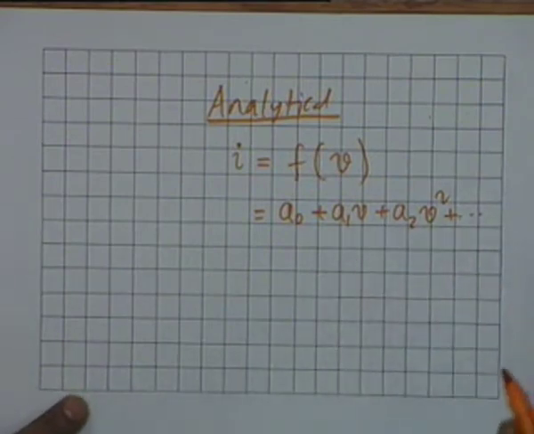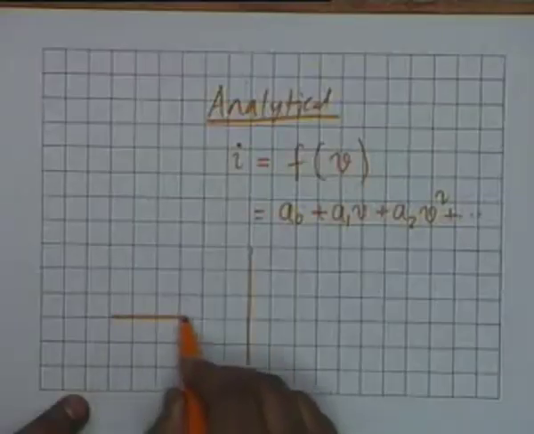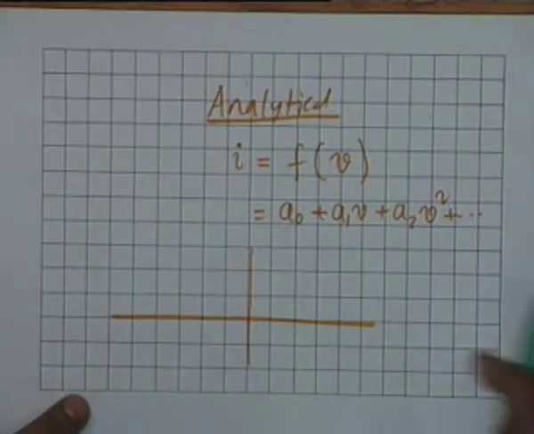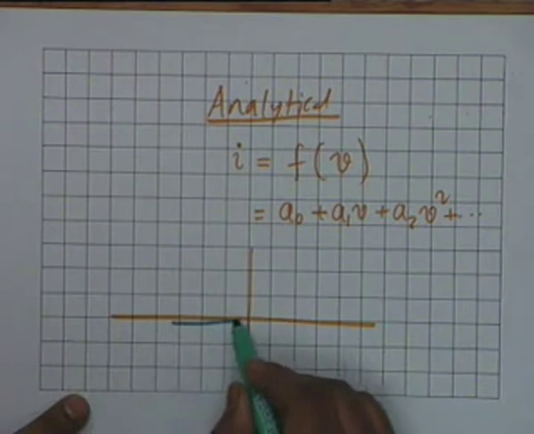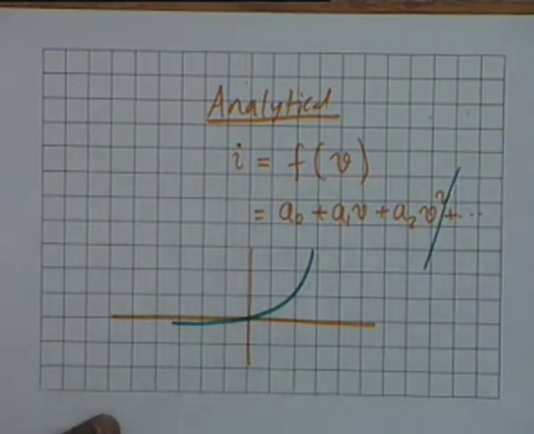For example, if you consider a diode, once again, a characteristic of a diode, and you want to approximate it by, let us say, up to the quadratic term, that is the squared term.